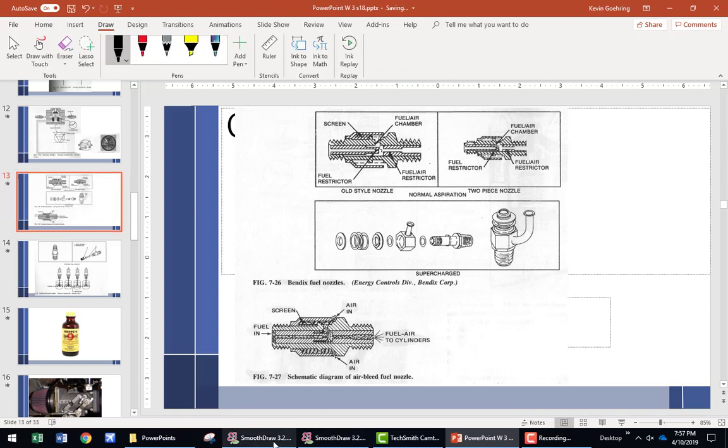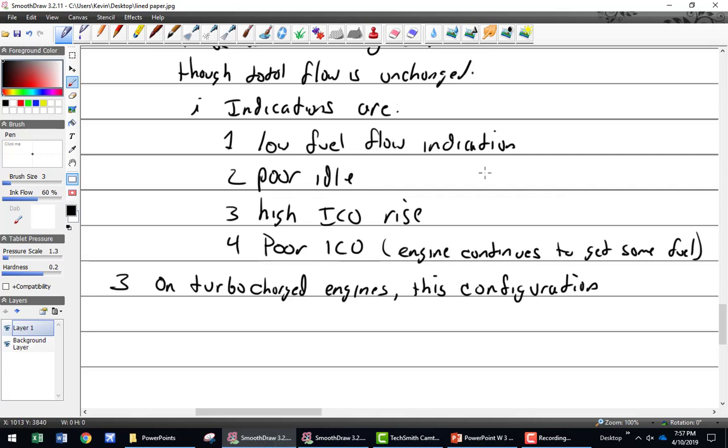Okay, so this configuration would result in what? Anybody remember? Air going the other way. Yeah, fuel going the other way. Blow it out into the engine compartment.